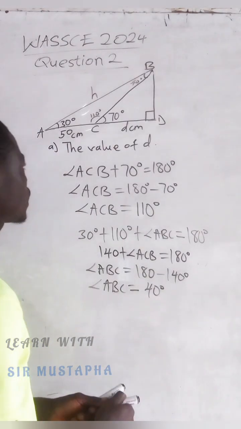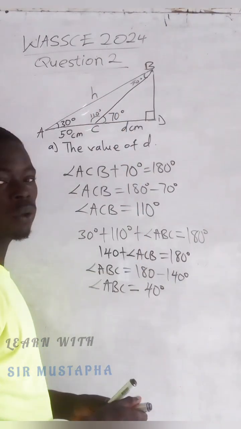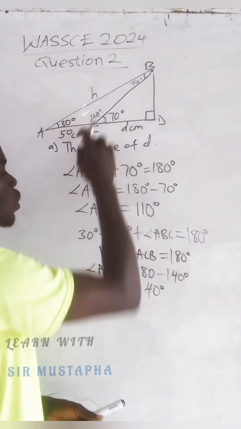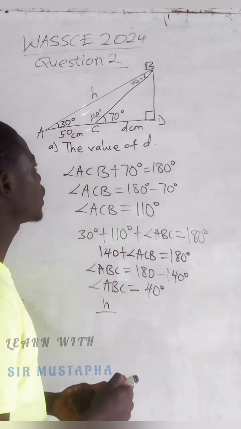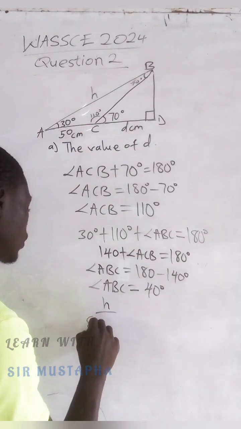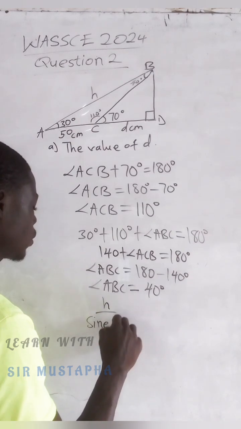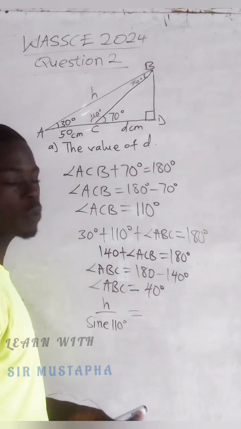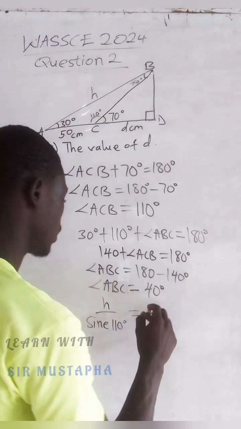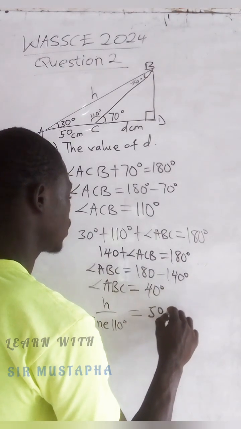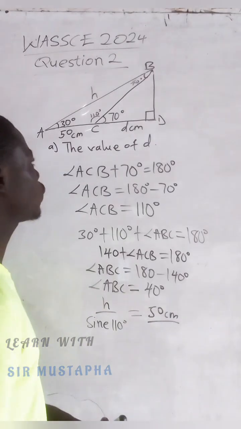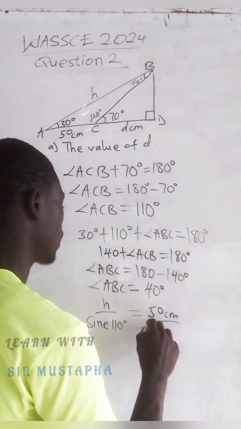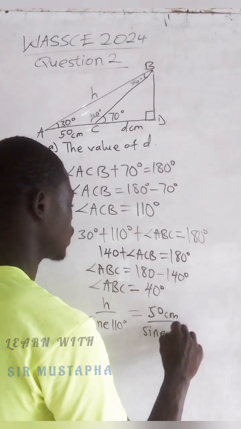The sine rule states that the length we are looking for, H, over the sine of its corresponding angle, sine 110, is equal to any other length, 50 centimeters, over the sine of its corresponding angle, sine 40.